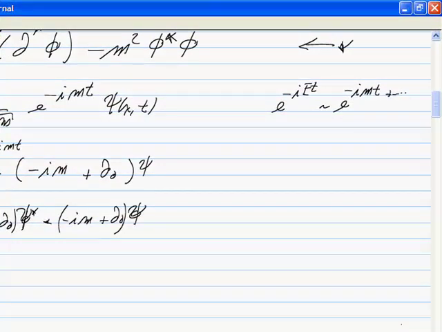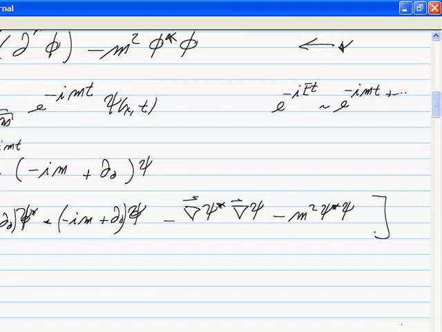Okay, so that's the time derivatives. And the space derivatives become minus del psi star del phi, and then the mass term becomes minus m squared psi star psi.